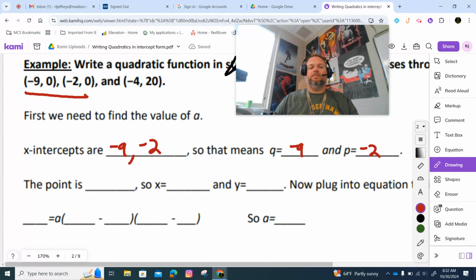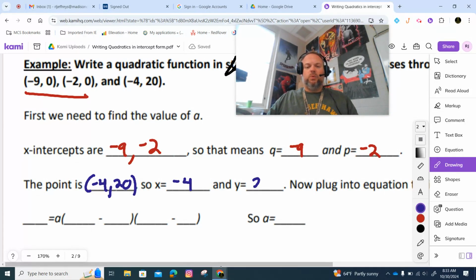No, I didn't say the Q is X. I just said our Q is this. All right. Our point that we're given is (-4, 20). I know some of y'all are like, haha, 420. Yeah, that's probably why some of y'all may score not so great on tests. All right. So X is -4 and Y is 20.